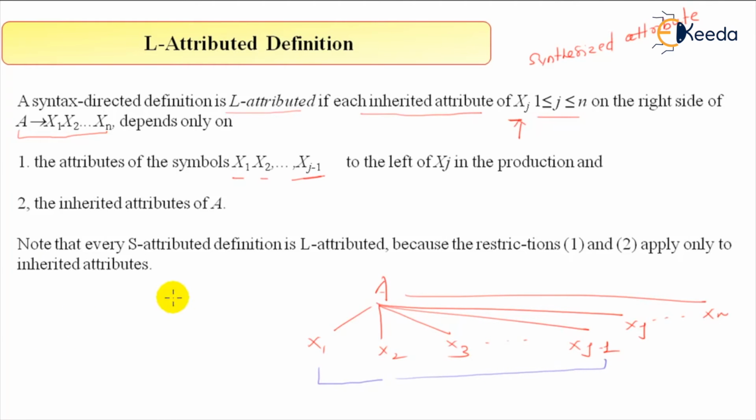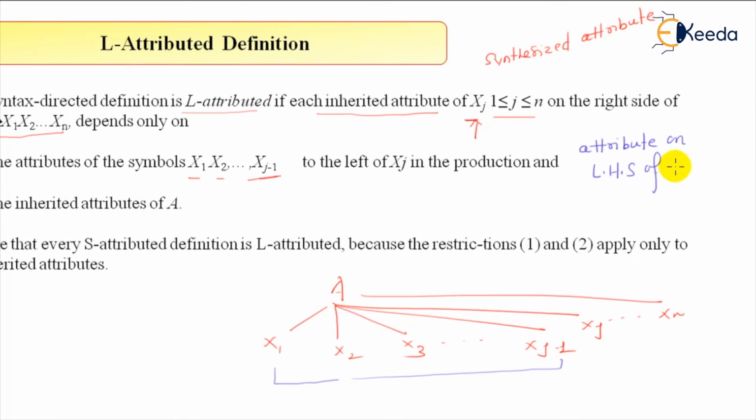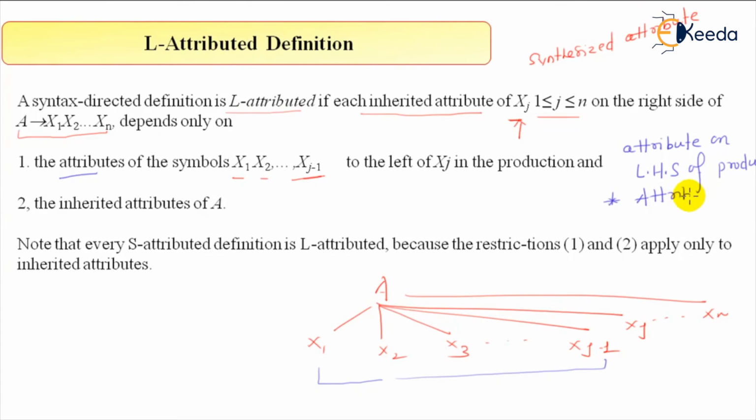That means it tries to say here that attribute on the left hand side of the production. And the second point you recall says attributes of. It doesn't say inherited or synthesized, it says only attributes of.